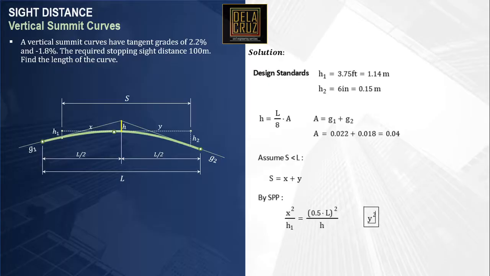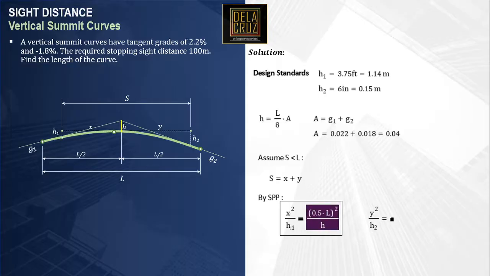Remember for SPP, we square the horizontal distances if the parabola is concaving upward or downward. Okay, recall geometry. So we have here H2, that would be the same to this.